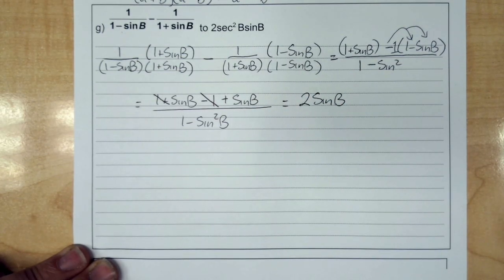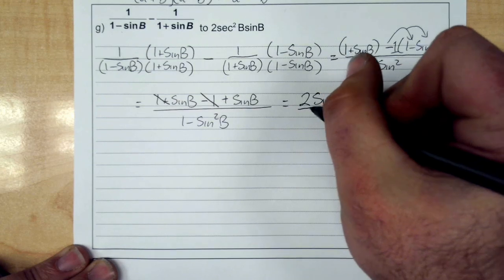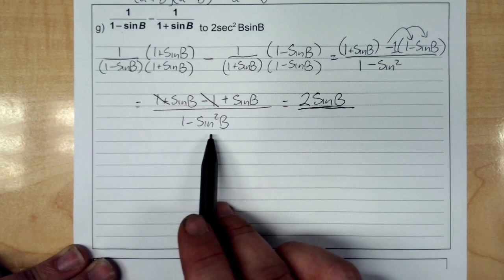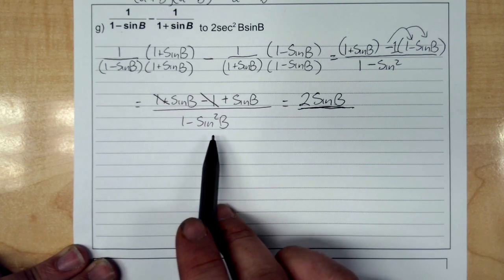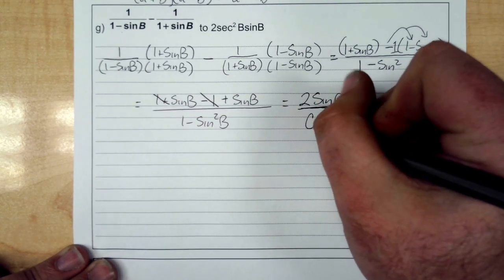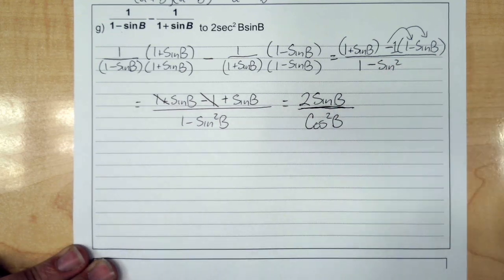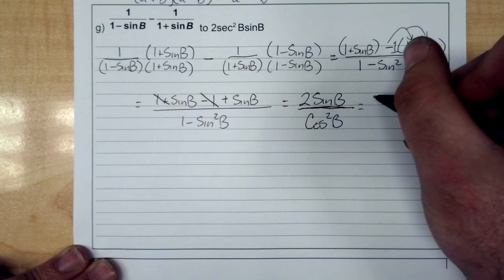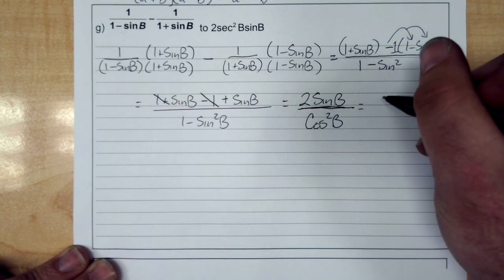We just need a secant squared now. Secant is based on cosine. And remember, since sine squared plus cosine squared equals 1, then 1 minus the sine squared is the same as the cosine squared. Again, we can also separate this into two different fractions, actually we can make it 3 different parts.